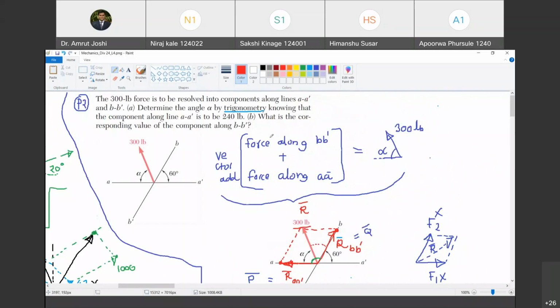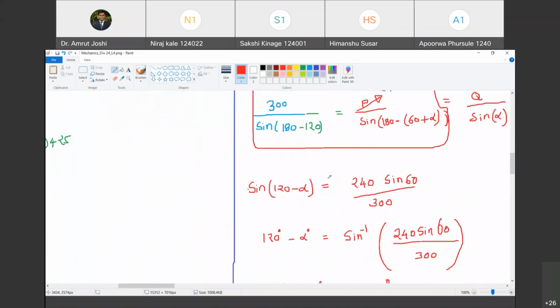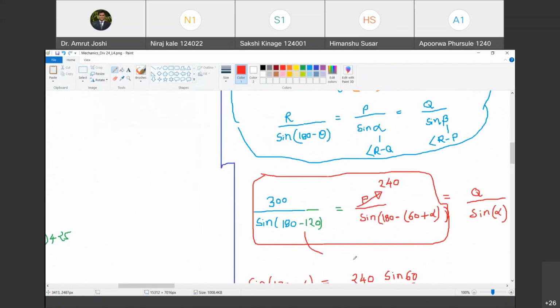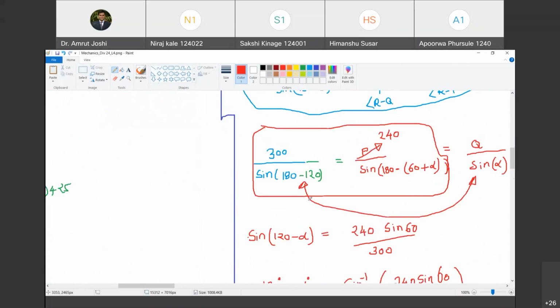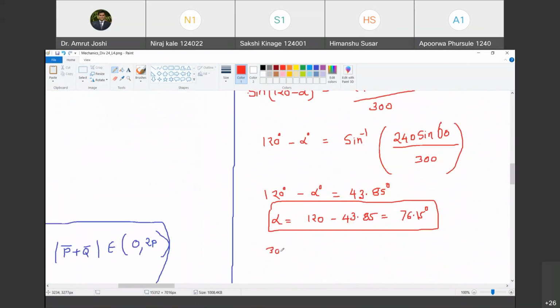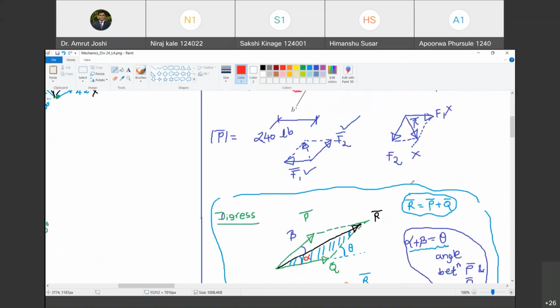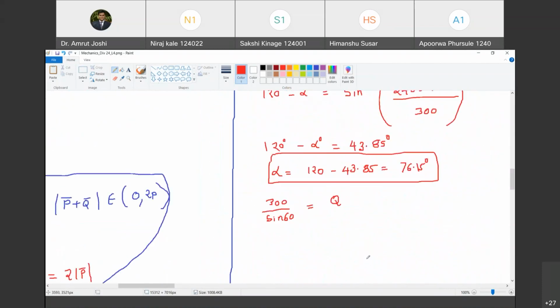Okay. Now what is part B of this question? What is the corresponding value of component along BB dash? So therefore now we are going to exhaust the next part of the relationship. That is 300 divided by sine of 60 has to be equal to the magnitude of the second component, because Q is nothing but the component along BB dash. Are you with me? So this Q is also the component of R along BB dash.